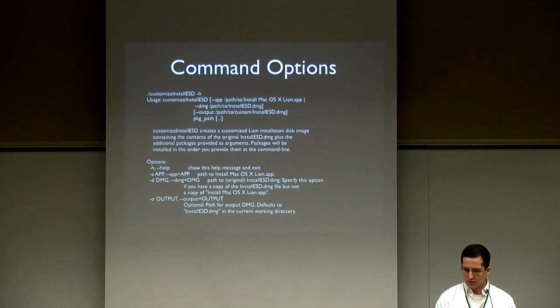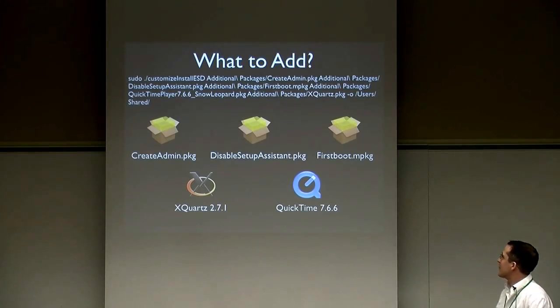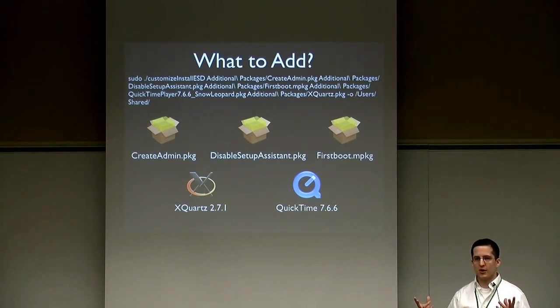And then this is what I'm going to add to my install ESD. The create admin package that I just spoke about, disable setup assistant, which disables that first login, welcome to Lion, all that.